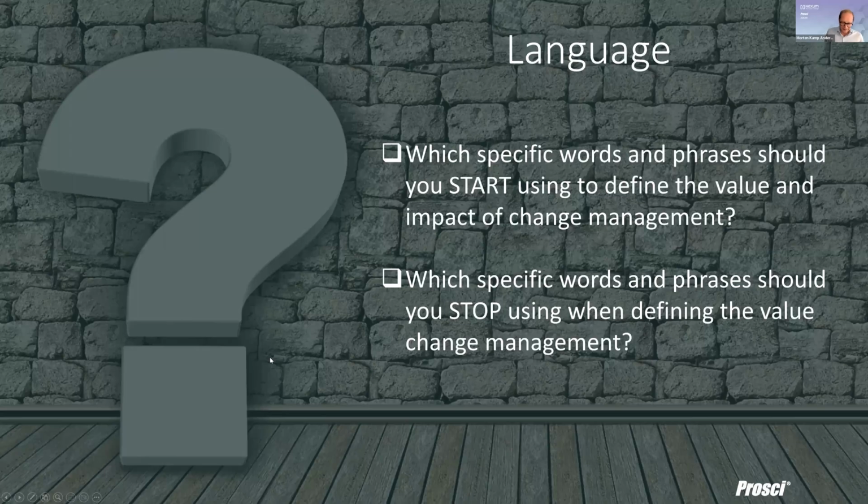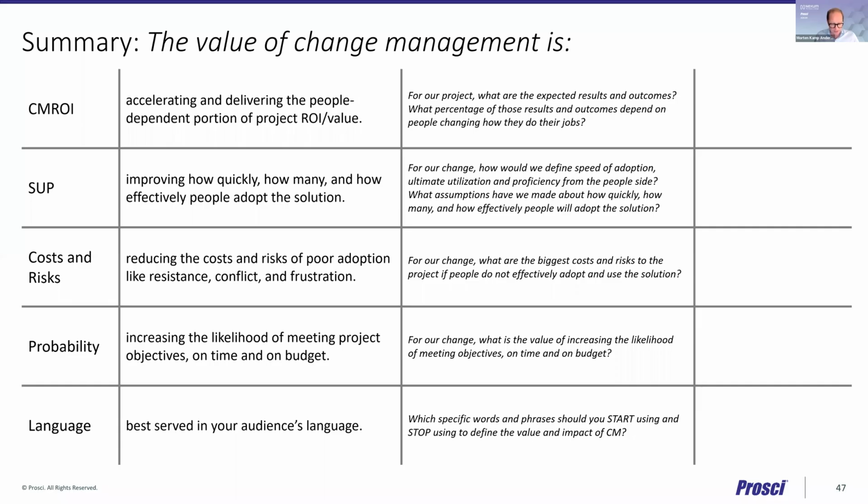So the language. The question that you're going to take away here is the specific words that I'm going to start or stop using, both in general, but also in this particular conversation that I'm stepping into with this particular stakeholder. Which words will I start to use and which ones will I stop using? So this slide is really the price of admission slide.